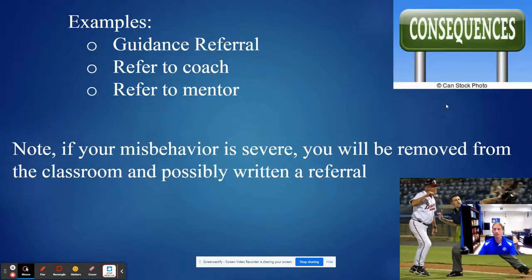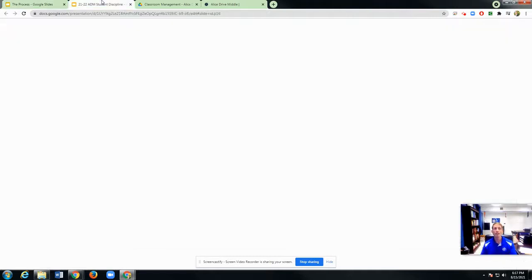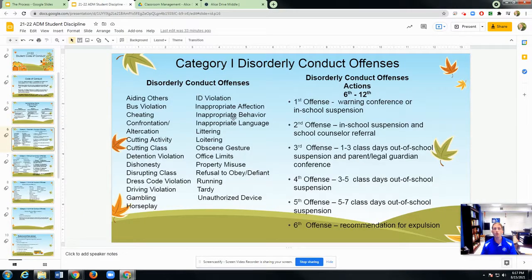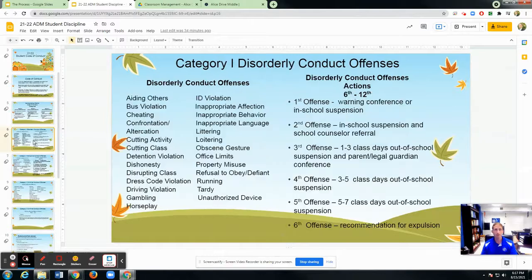Now, I'll note this too, because I forgot to mention it earlier. All of this process that we're going through is for those level 1, category 1 offenses. If you were in a category 2 type offense, something physical that was really harmful, then you're not going to get the process. You don't get the process for hitting someone, bullying someone, fighting, that kind of stuff.